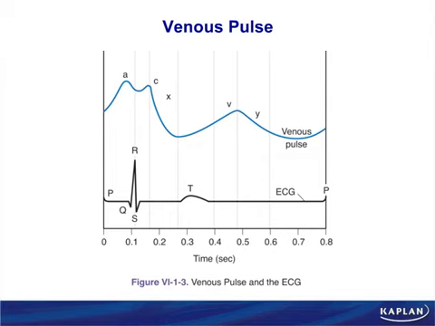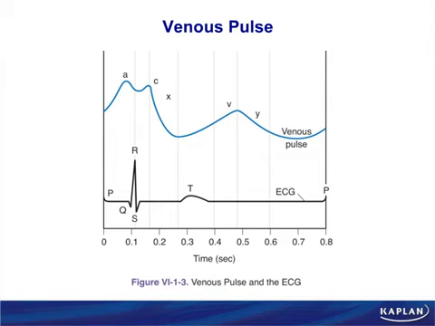Next is the X wave. Notice that this is a fall in pressure. As the atria relax, pressure goes down, which hopefully makes sense. We have a little chamber here. We relax the muscles and the pressure falls. Then pressure begins to rise, and that is the V wave. This is associated with the venous return that is occurring during systole of the ventricle.